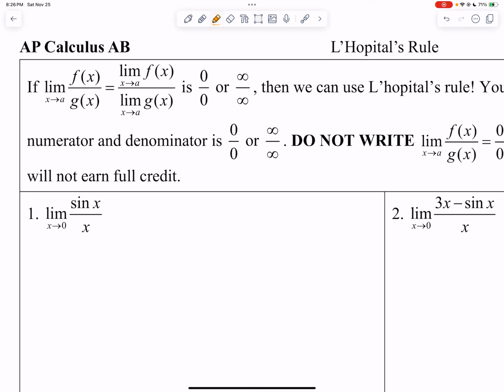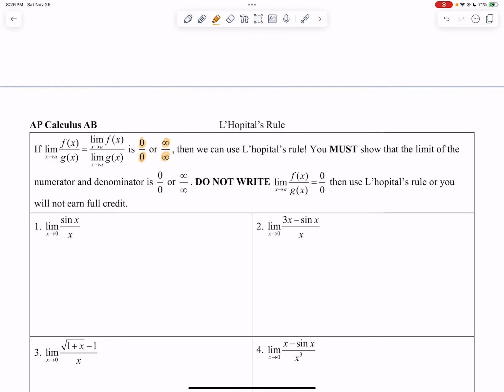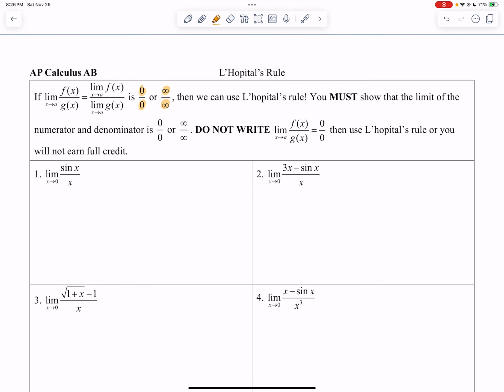Now, here's the thing. If you get 0 over 0, or you get infinity over infinity, they are indeterminate, meaning that we don't necessarily know what it is. 0 over 0 does not mean that the answer is 0, and infinity over infinity does not mean that the answer is 1. Now, you must show that the limit of the numerator and denominator are both 0 or are both infinity.